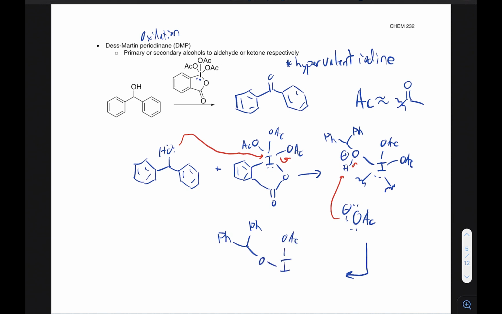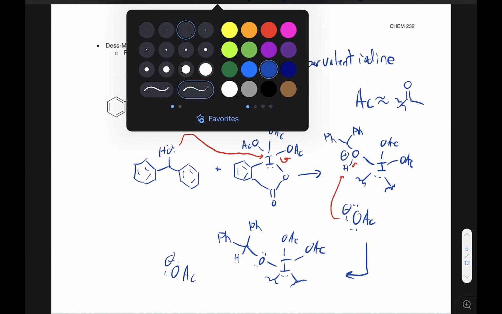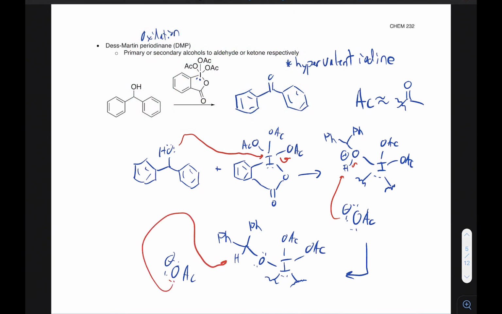And then in this final step, we have, right, a hydrogen here, and like with that last reaction we saw, that pseudo SN2 reaction, we're going to have another equivalent of our base here come through, right, and remove that hydrogen, right, make our double bond to the oxygen, and then we have this last acetyl group on that iodine, that iodinane leave, and we end up with both our ketone, right, which we've shown up above, but this sort of catalyst here has changed.